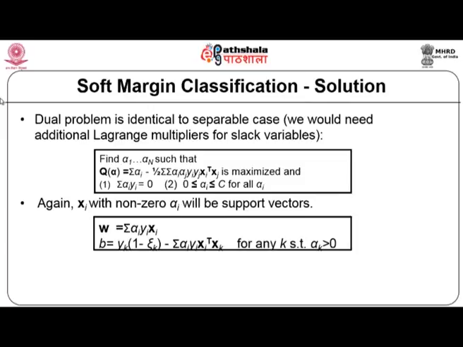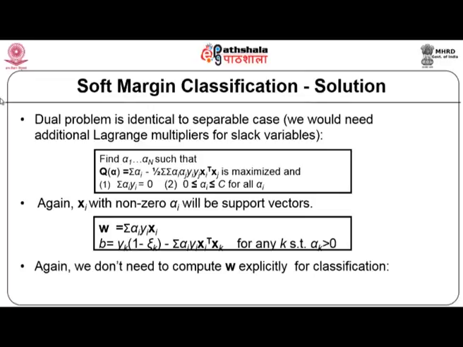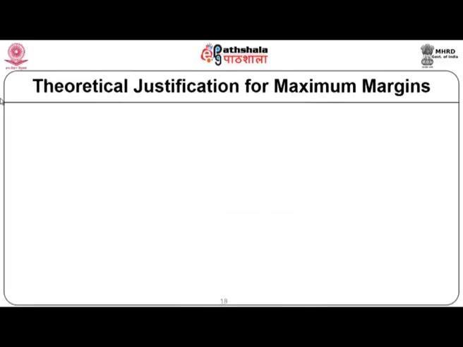So, you have this particular problem where y k is equal to 1 minus eta k, and eta k is that slack variable. Again we do not need to compute W explicitly, because for classification we just need to find the plane. So, f of x is equal to the summation of alpha i y i x i transpose x plus b. So, we are not calculating W specifically.